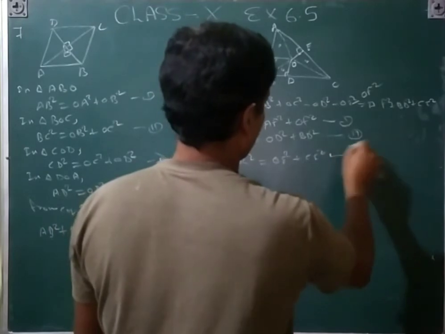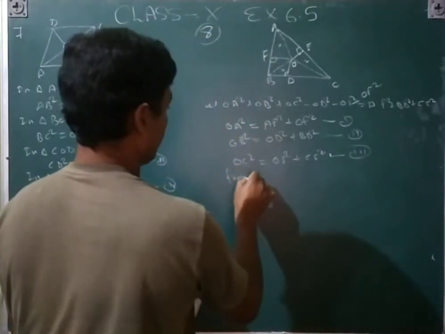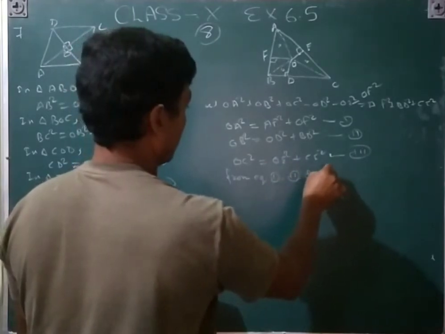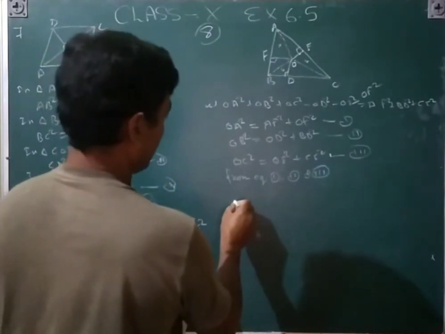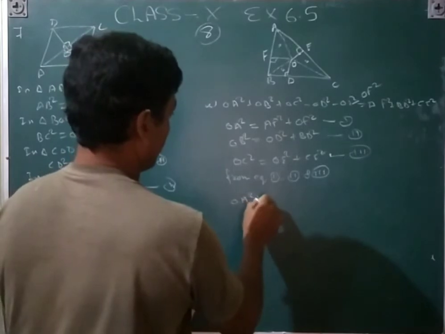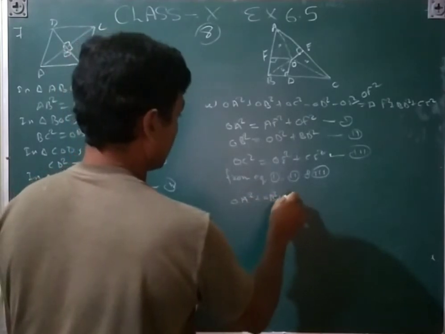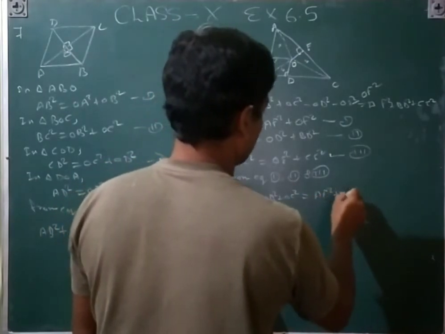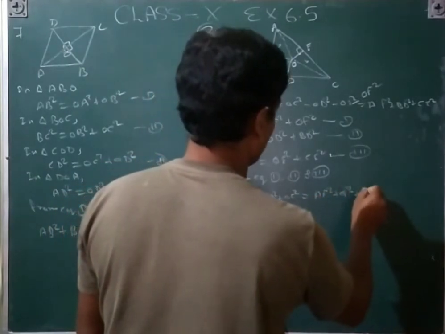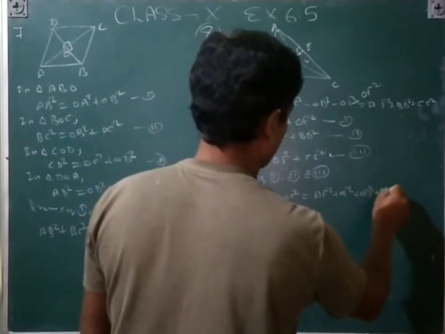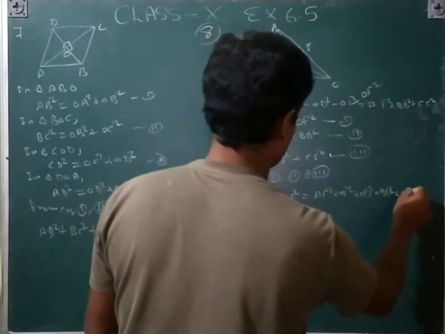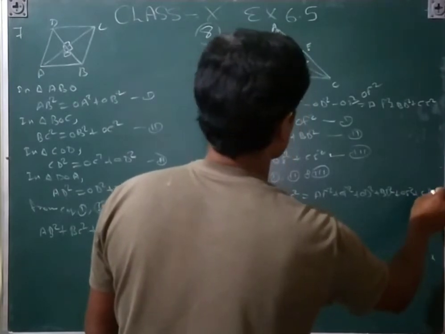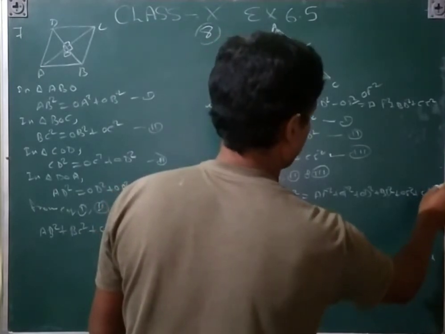So from equations first, second and third, OA square plus OB square plus OC square is equal to AF square plus OF square plus OD square plus BD square plus OE square plus CE square.